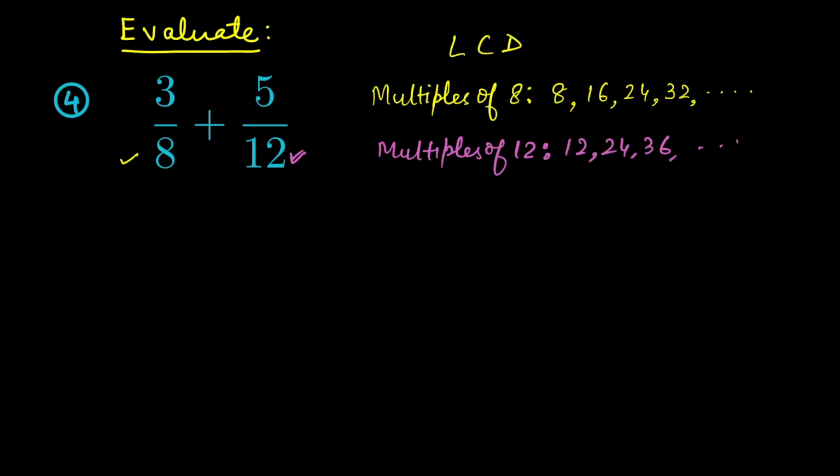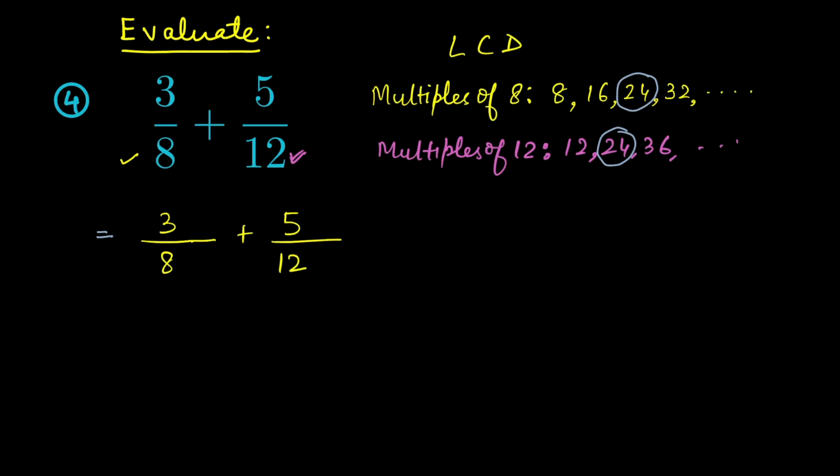Now we start looking for the common denominator. 8 is not here, 16 is not there, but 24 is there. So 24 is the least common denominator. We'll make both denominators 24. First we write 3 over 8 plus 5 over 12.